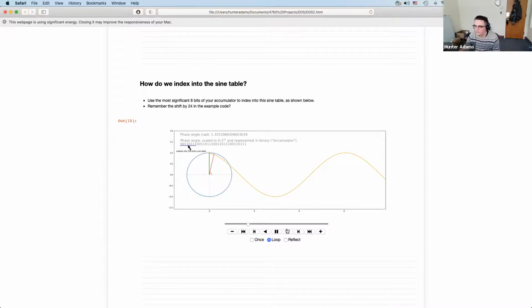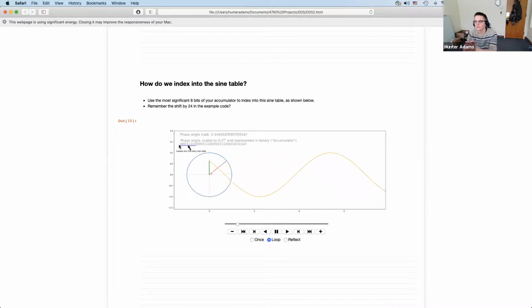The way to do this is to use, so this is the same animation as before. You can see our phasor going around. This is the full value of our accumulator variable. Use the top 8 bits of this accumulator variable to index into that sine table.